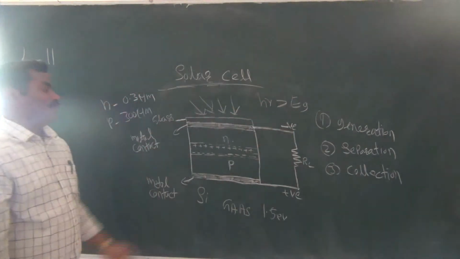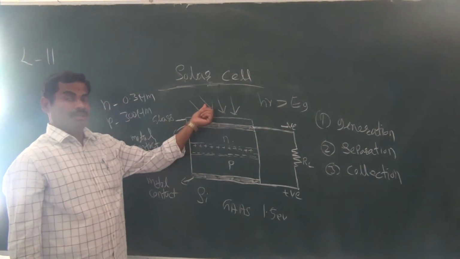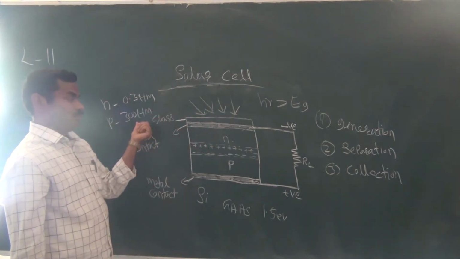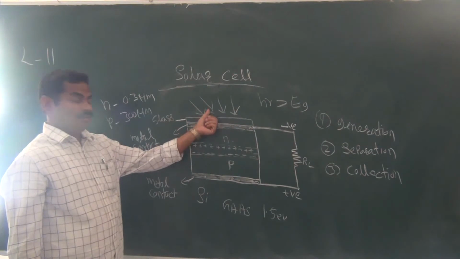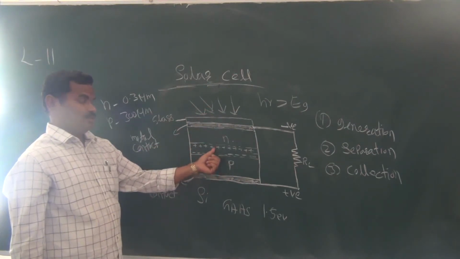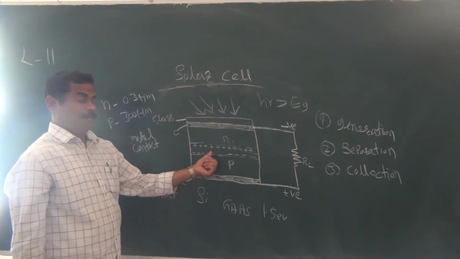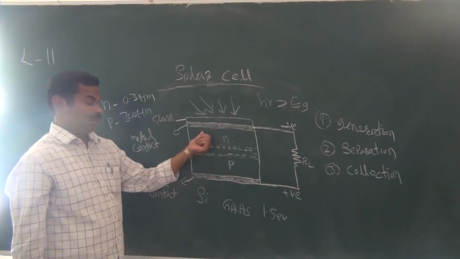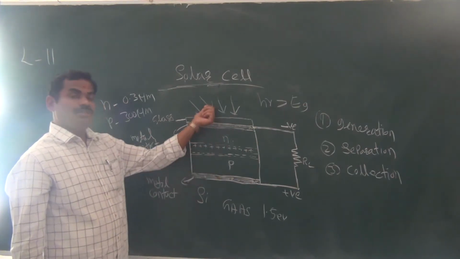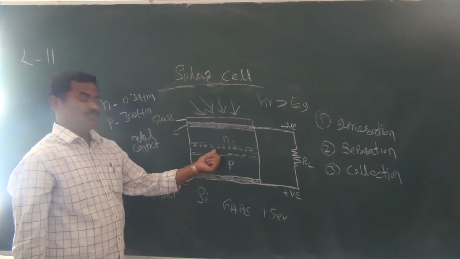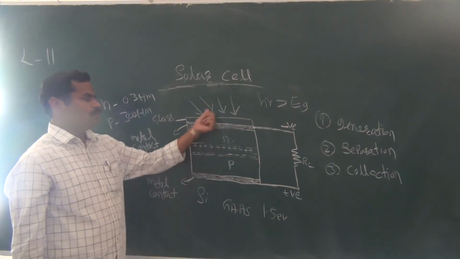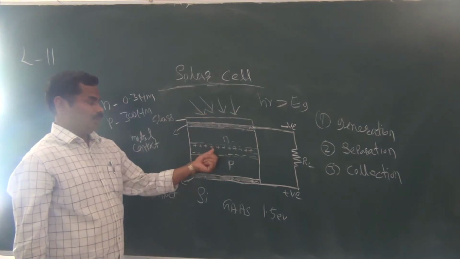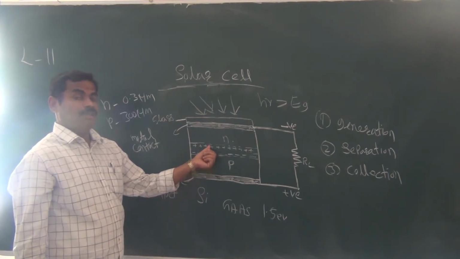Because the N layer is very thin, the incident ray will move towards the junction, the depletion layer. That's why I am taking the N layer very small compared to the P layer. As we are applying a very high intensity of light, this light enters the junction.